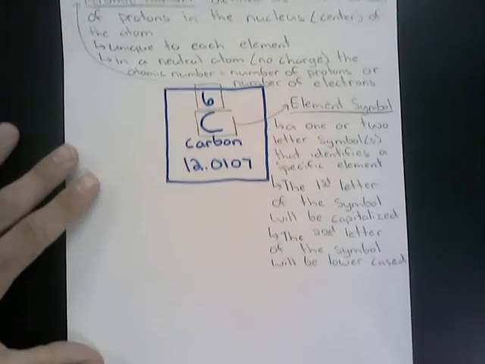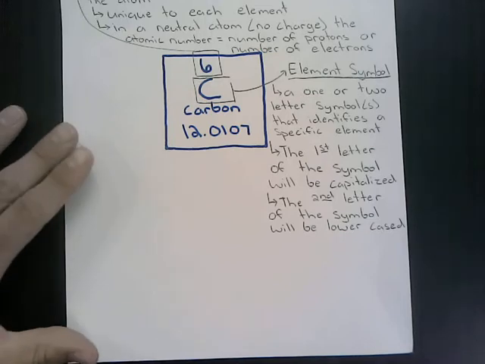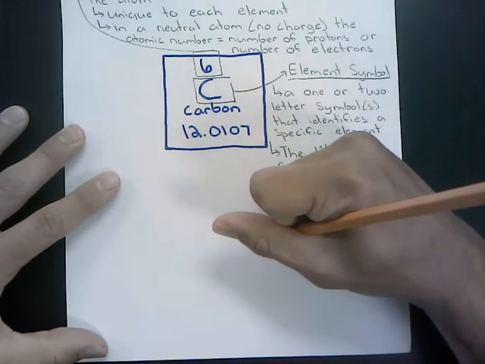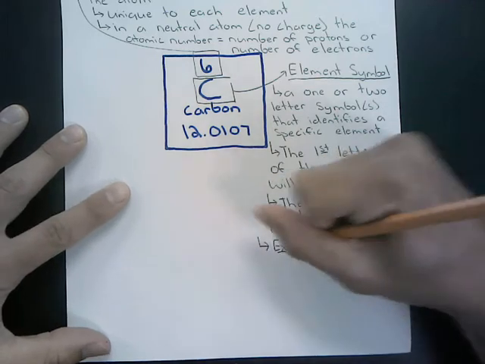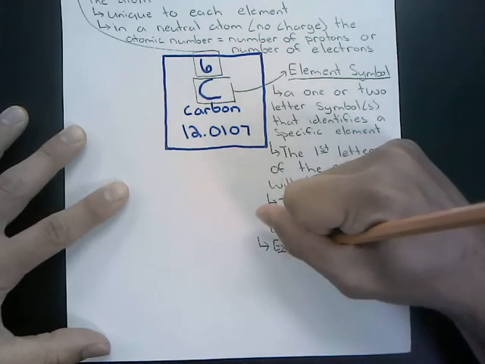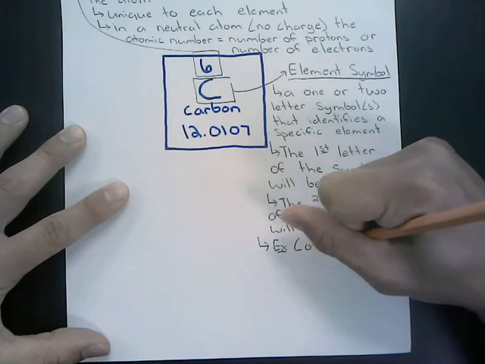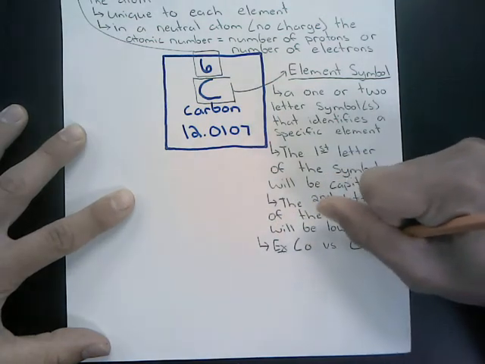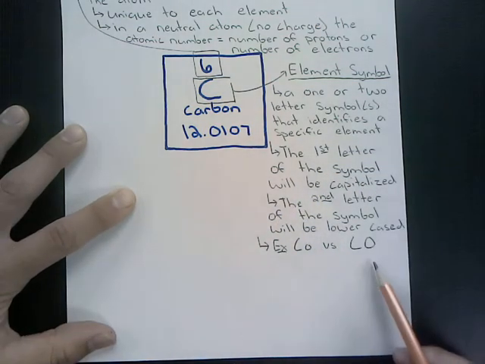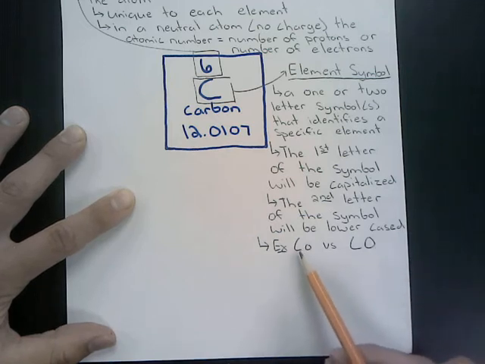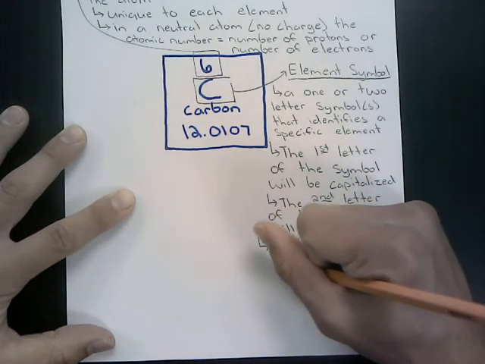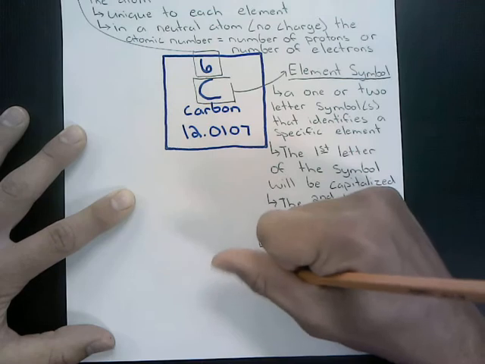Now, we need to be careful with our element symbols. My example here has both with the same letter combination, but on the second one I did not make sure my symbol was lowercase. Over here on the left, you see a capital C, lowercase o. This is the element cobalt.